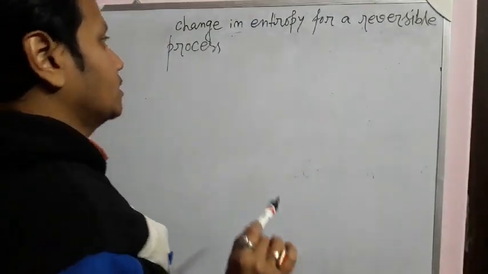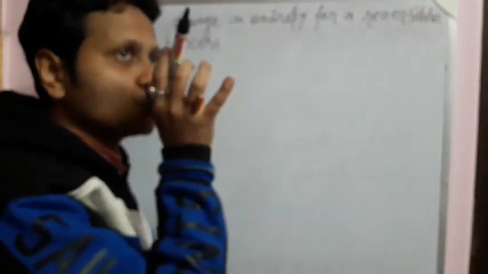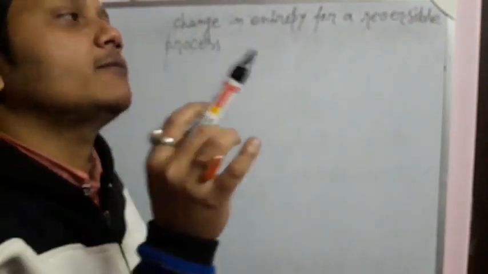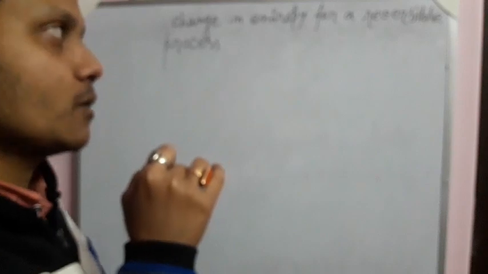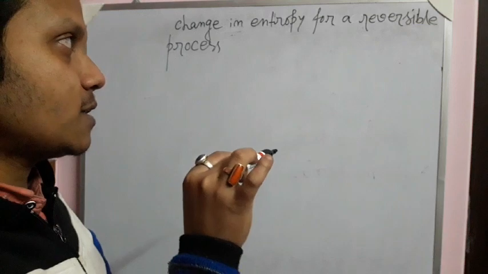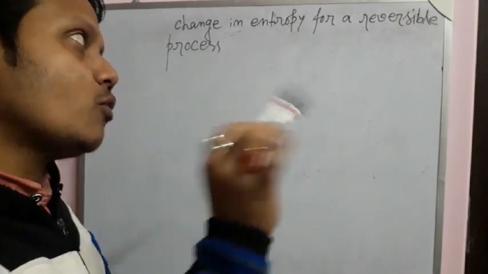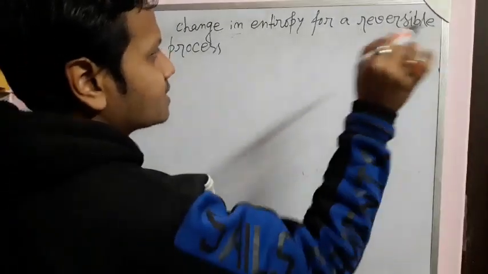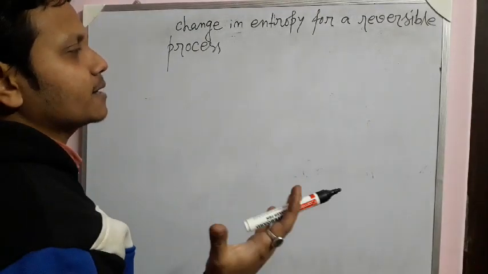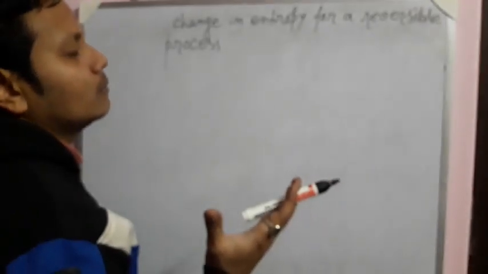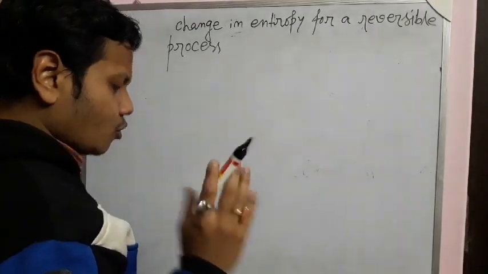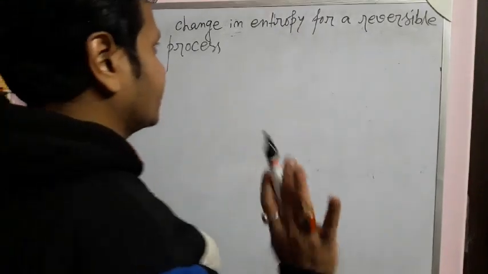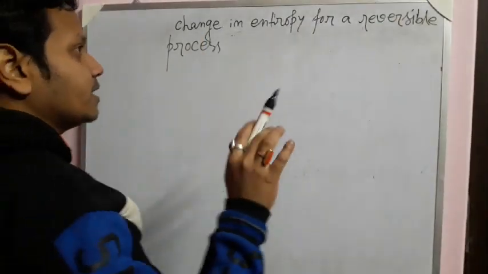That I can explain in the next class more accurately. So all the steps followed in the direct process can also be followed in the backward process, so that the substance follows the same conditions as it does in the direct process. That is a reversible process. We will explain it later.